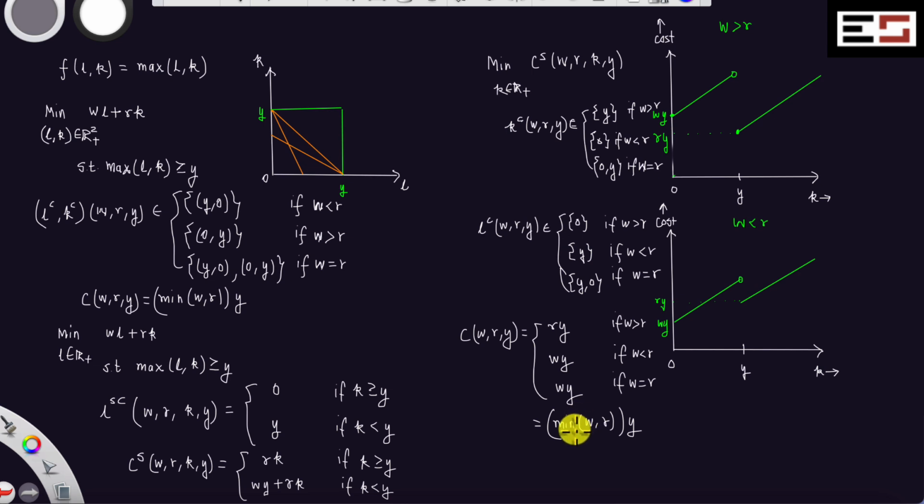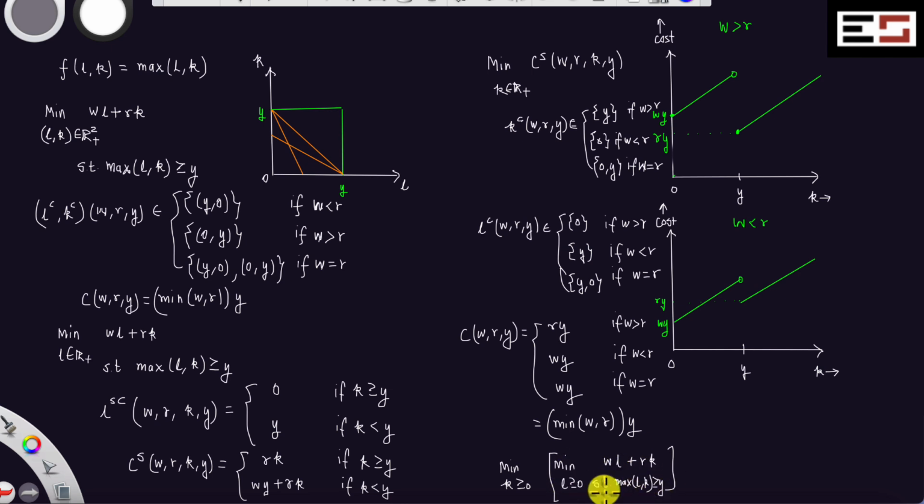Okay, and the idea here is straightforward. Basically, what you're doing is converting the problem into one where you are minimizing in a sequence. You are first minimizing wl plus rk subject to the constraint that the production function of l and k is greater than or equal to y.